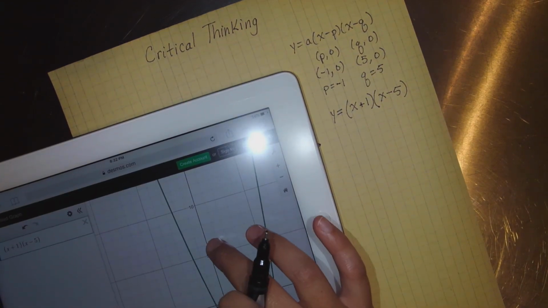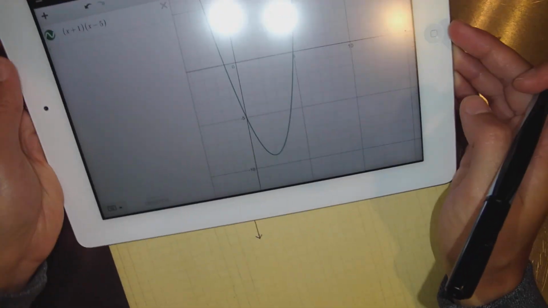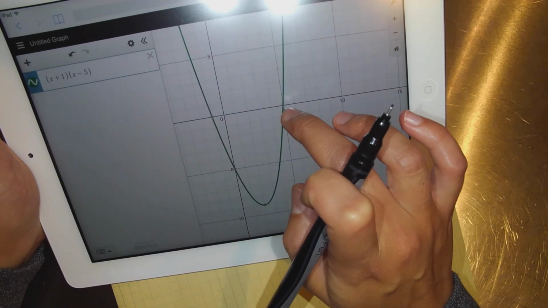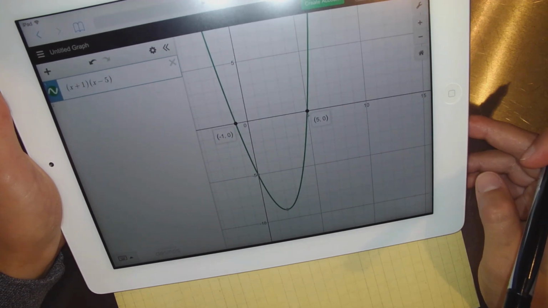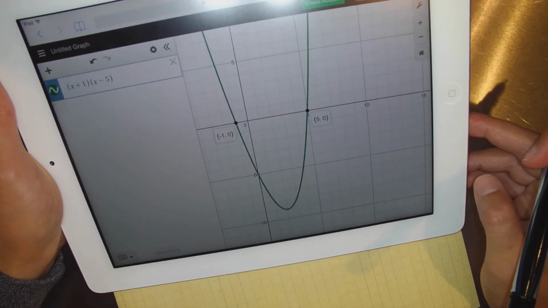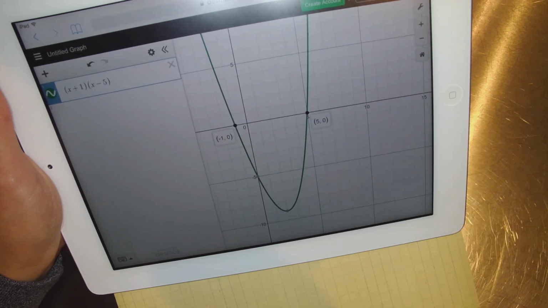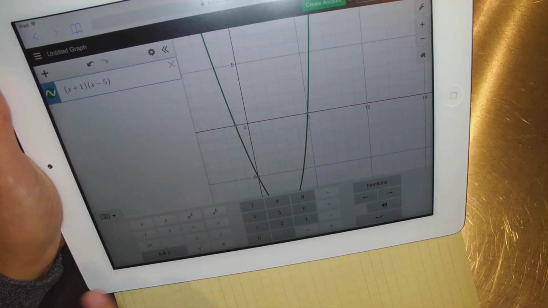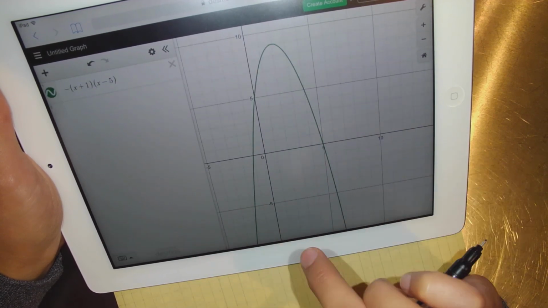Okay, we have a happy positive parabola. If we click on those two points, it does successfully go through -1 and positive 5. So that's how we can graph that equation. If we wanted to flip it around, remember you just put that negative sign, and that flips it into a frown.